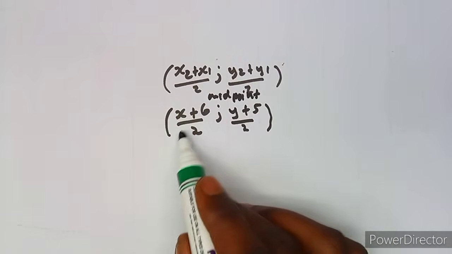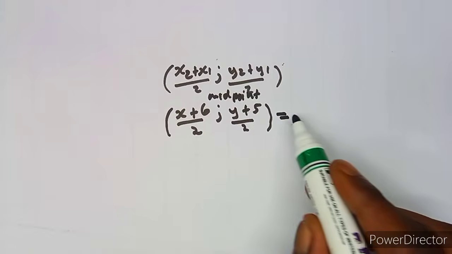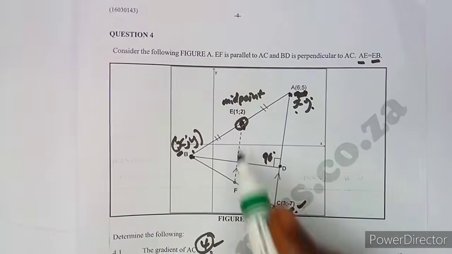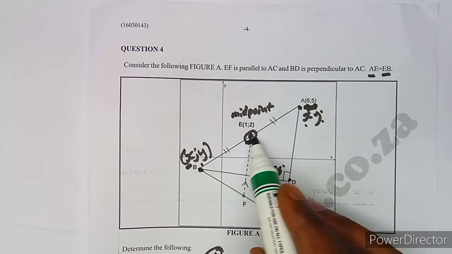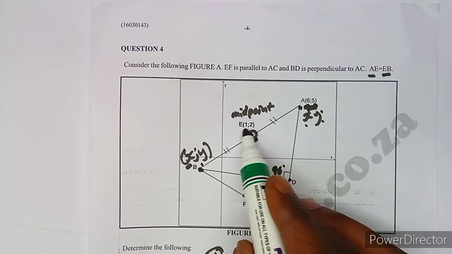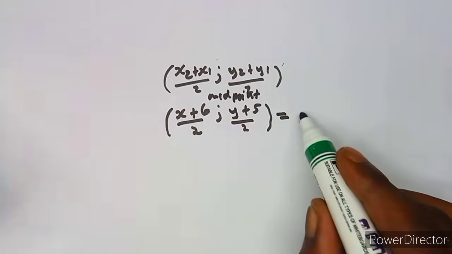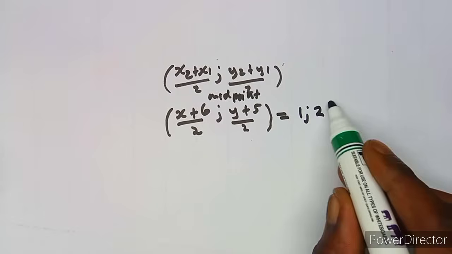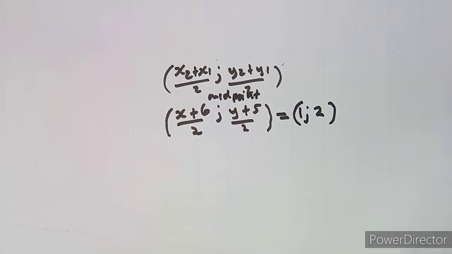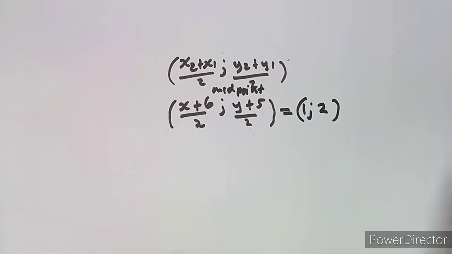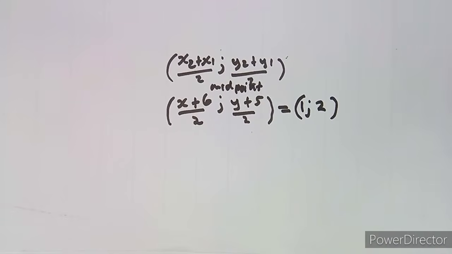But this midpoint in terms of x and y is equal to the midpoint that we are given, because the midpoint is already there, which is what? Which is this E, which is 1, 2. So you're going to equate to the midpoint that you are given, which is 1, 2. So why are we writing like this?